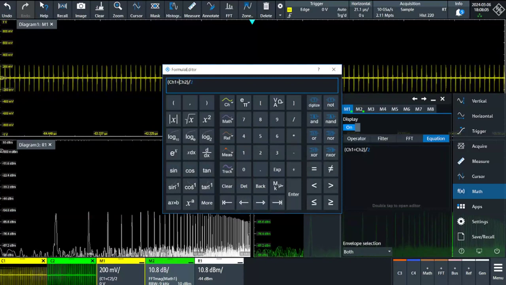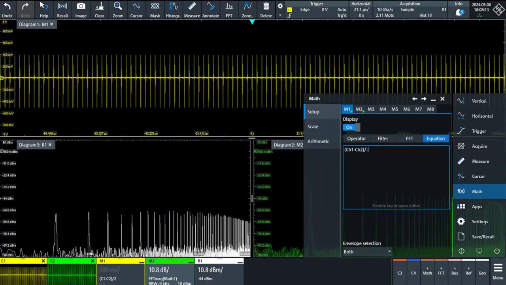Instead of adding the 2 channels, let me go back and put minus. With the minus, I will be calculating the differential mode. And now it's okay.